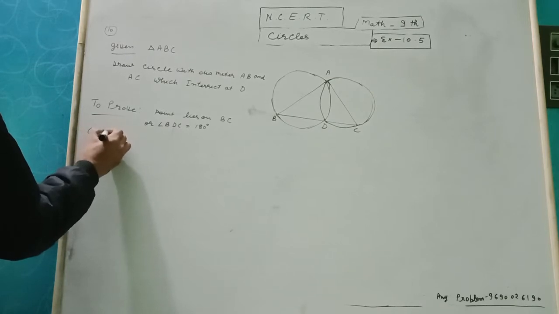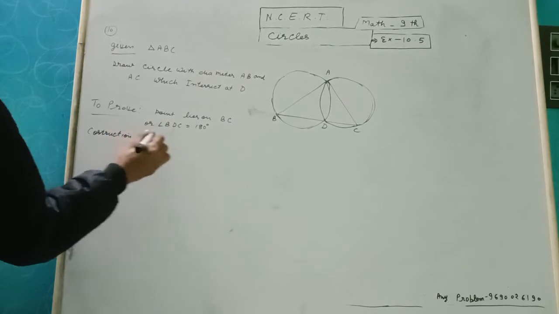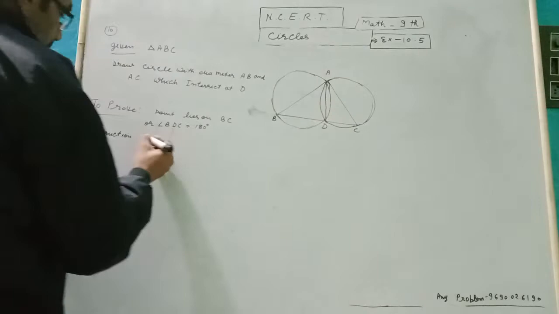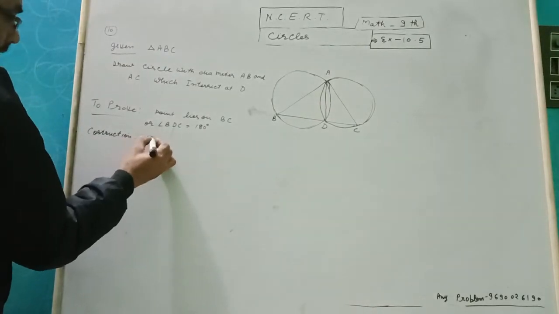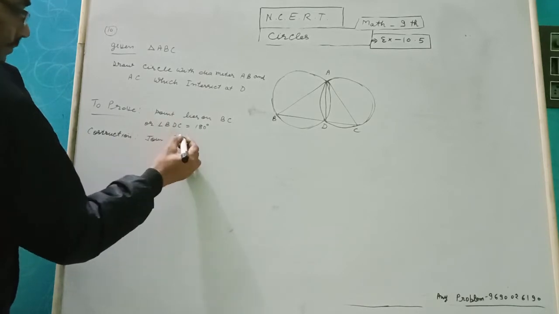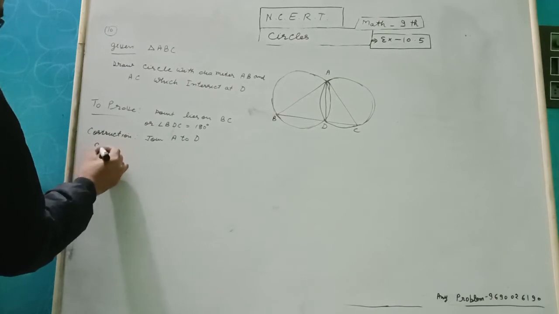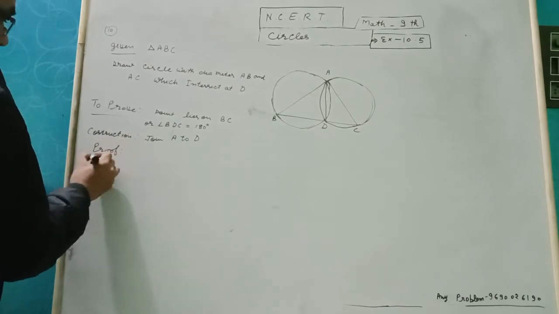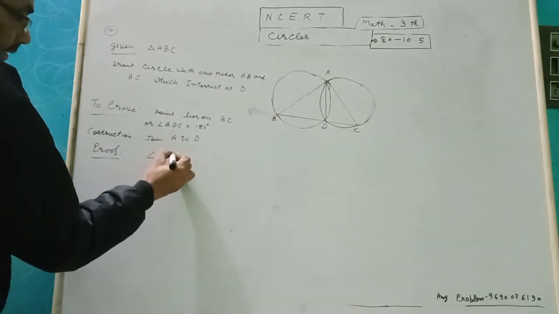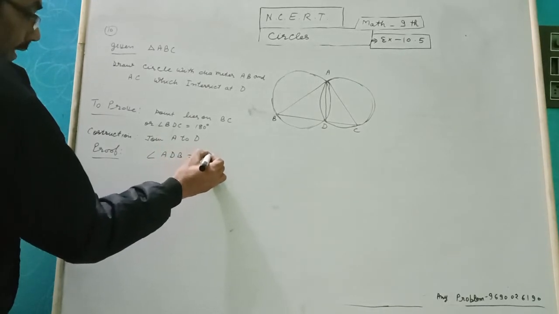Construction: join A to D. Proof: angle ADB is equal to 90 degrees.